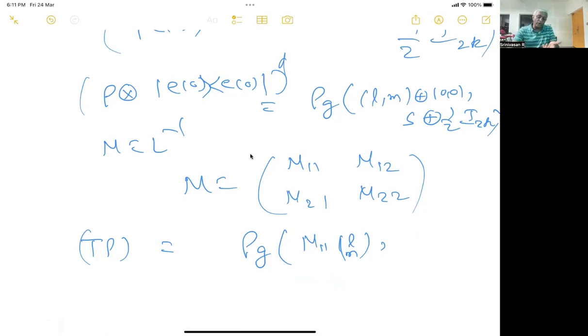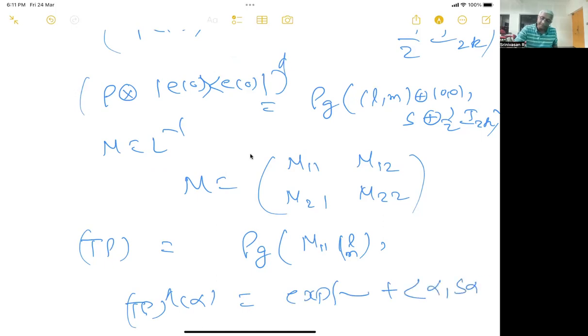On the other hand, this is going to get conjugated by the M transpose. But then, inside the characteristic function, you are going to have something like this: the trace of rho hat of alpha is going to be the exponential of something of the mean plus this, alpha S alpha.